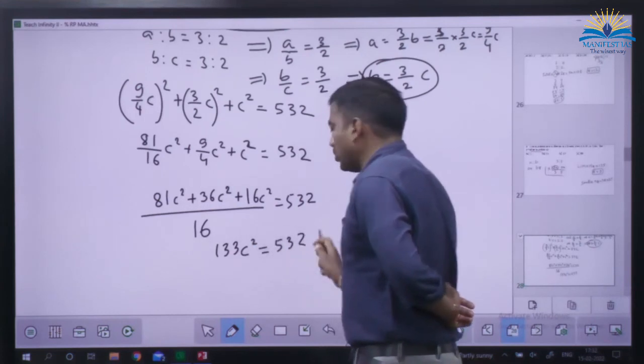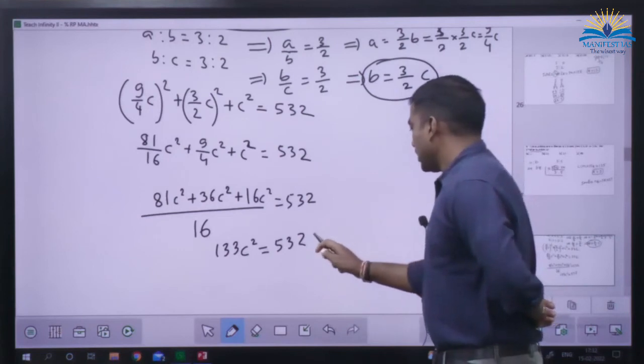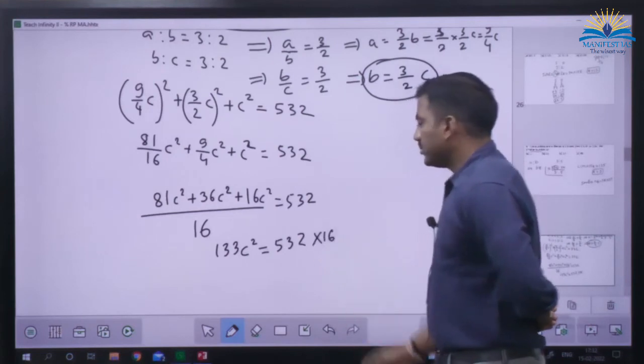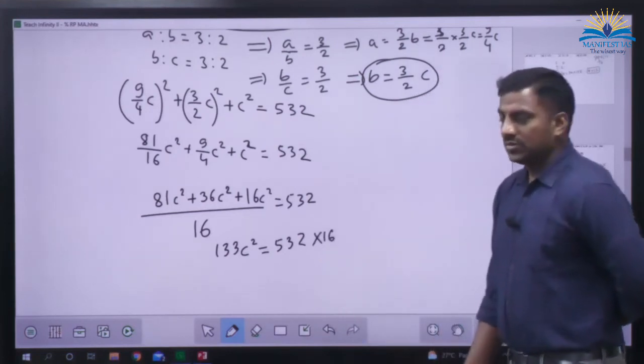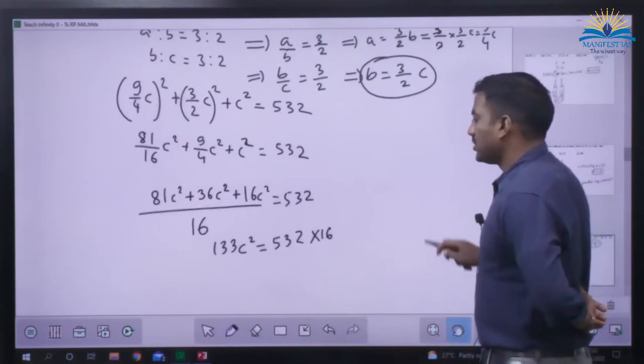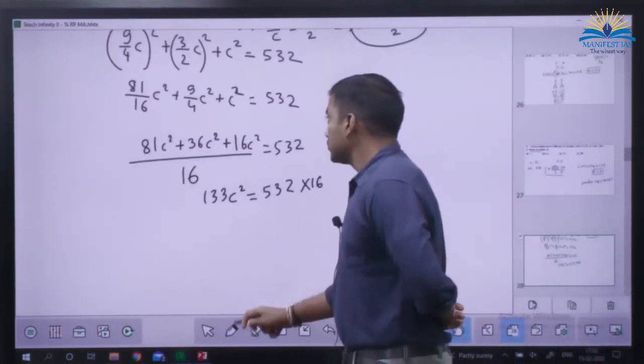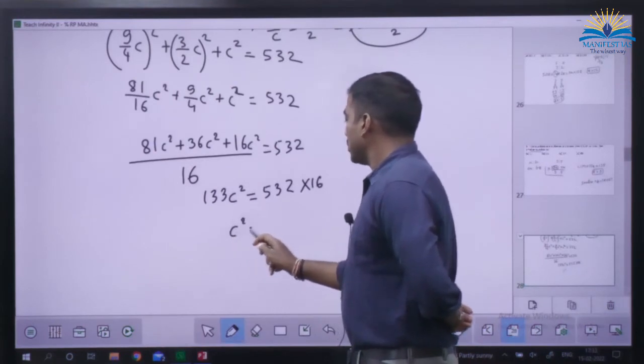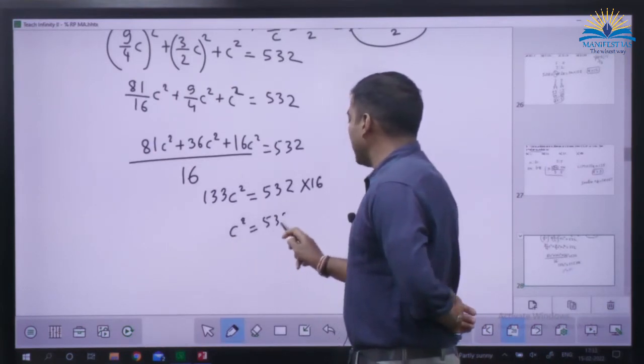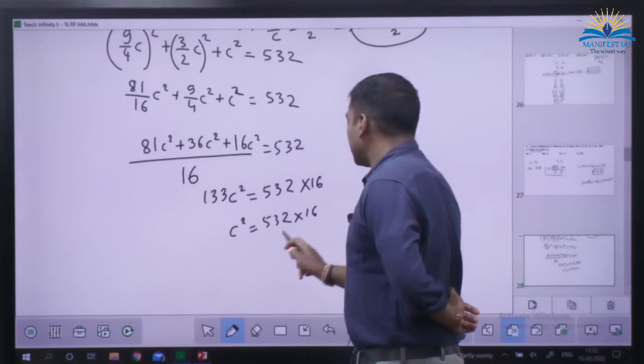I'll take this 16 to the right hand side. Then try to calculate C square. C square is equal to 532 into 16 divided by 133.